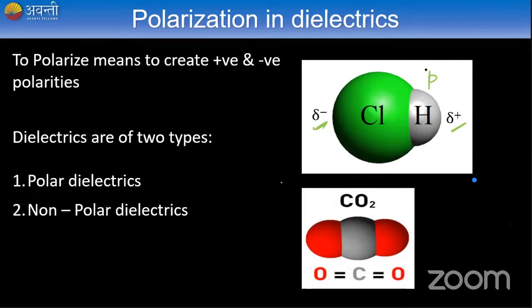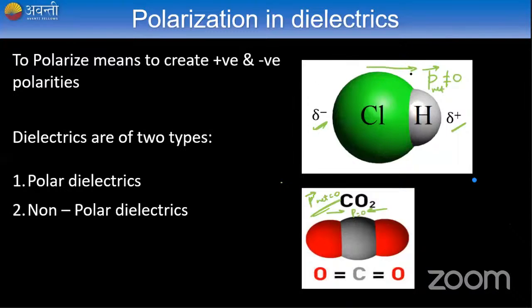Here, my net dipole moment was not equal to zero. Here, my net dipole moment inherently was equal to zero, right? So there existed a dipole moment here and here, and the net dipole moment was zero in this condition. But here there existed a dipole moment from negative to positive.